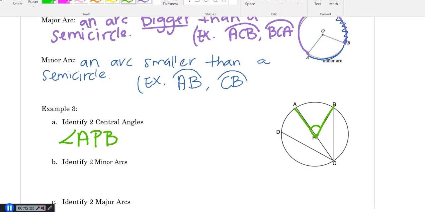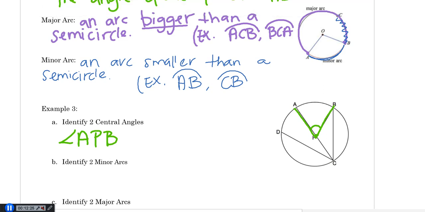I also can use angle BPC, right? This still uses my center. BPC, and this is still an angle. I do not see any other angle that uses the center, because I can't make my own lines, all right? I have to use the lines that are there.